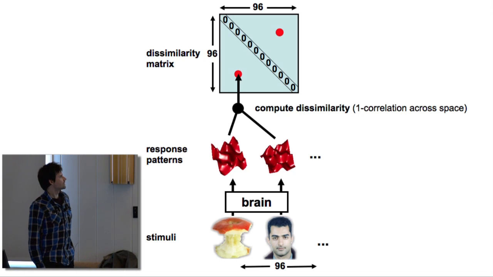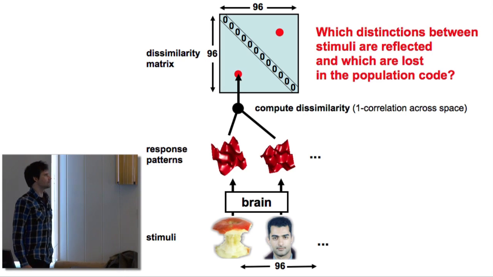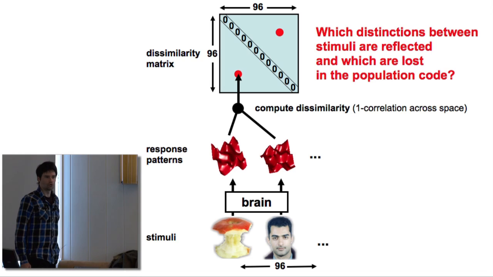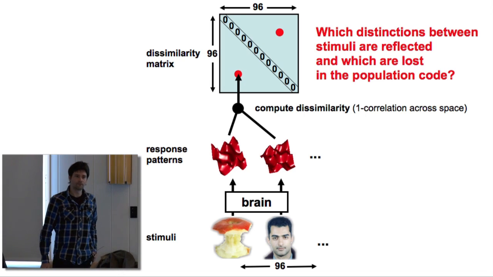And this matrix essentially addresses the question which distinctions between stimuli are reflected and which are lost in the population code. So that goes back to some of the issues that came up yesterday. For example, when you're interested in metamers, you're interested in them because these are two stimuli that are not distinguished by the code.